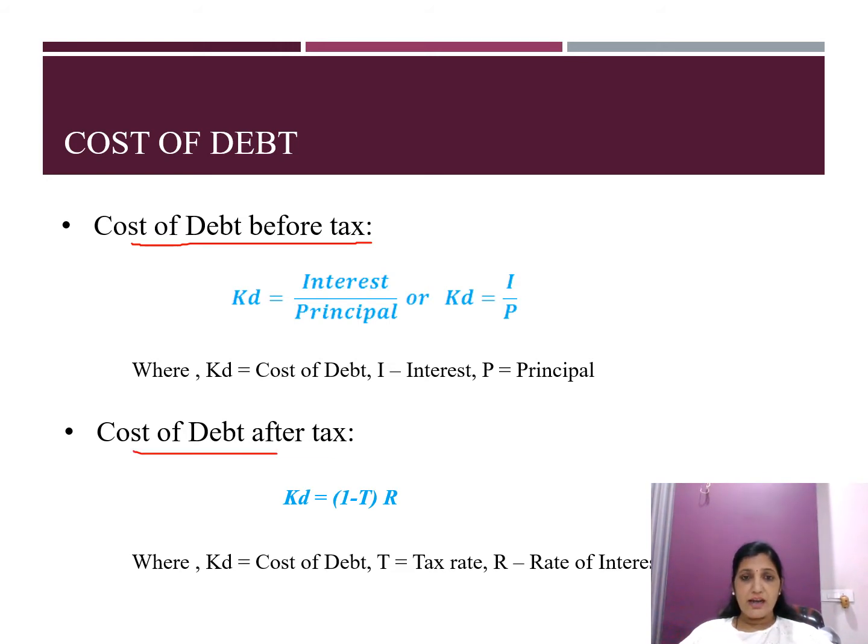Similarly, cost of debt after tax, KD, is equal to 1 minus T into R, where T stands for the tax rate and R is the rate of interest. These are the two formulas for cost of debt before tax and after tax.